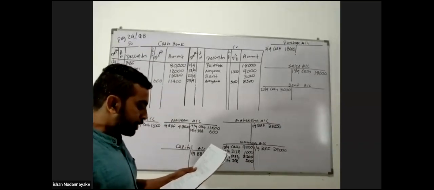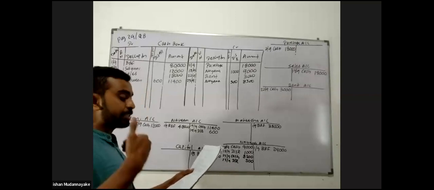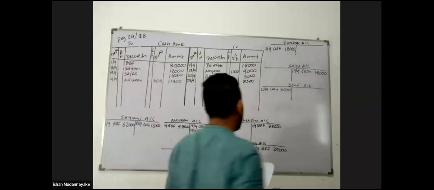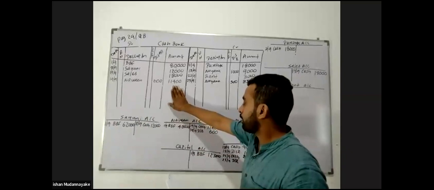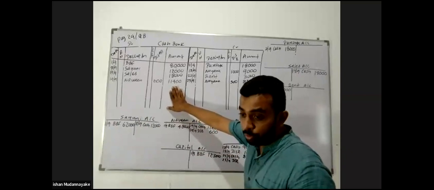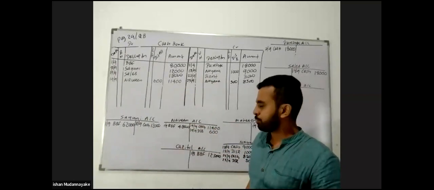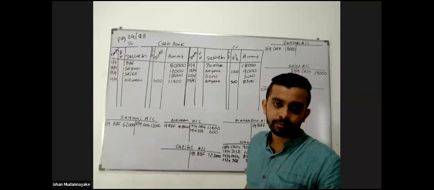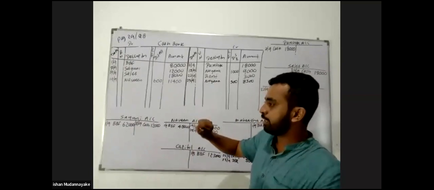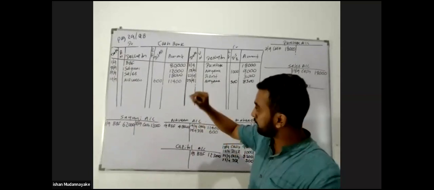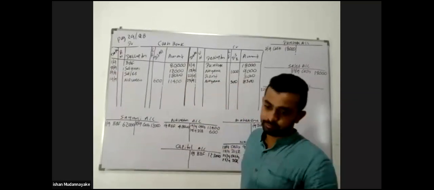Naveen had sent a check of 9,100 after deducting 900 as discount. Naveen sent us a check. In O level, we assume not only cash transactions; we can record receipt of checks in the cash book. Later, when our business deposits that check in the bank, cash book credit, bank account debit.